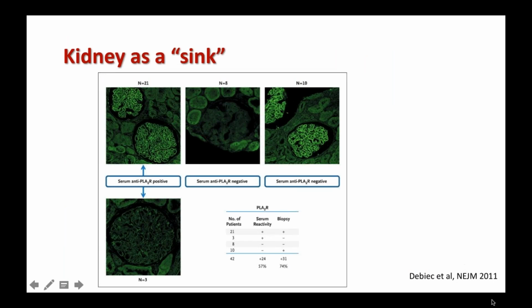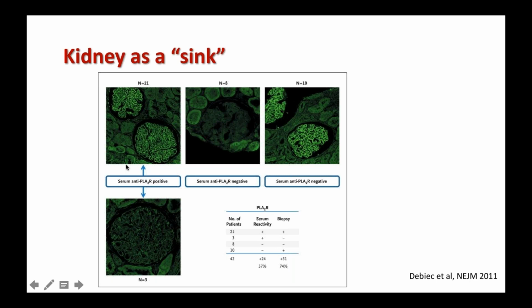This is a paper which appeared in the New England Journal of Medicine in 2011 from the group of Pierre Ronco from Paris, France. Ronco's group identified three groups of individuals with membranous nephropathy. You can have a certain number of subjects who are serum anti-phospholipase A2 receptor antibody positive and also show staining for the antibody in glomeruli.